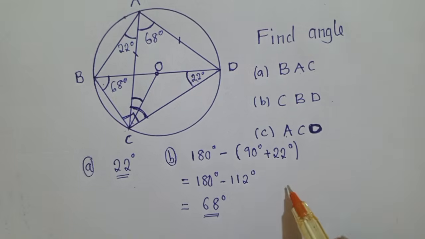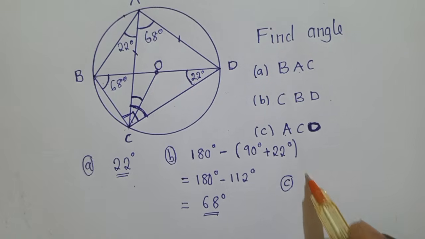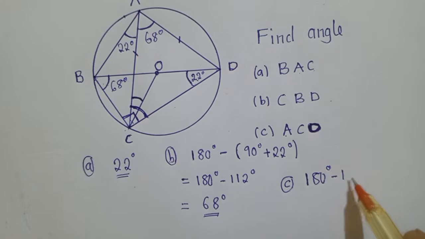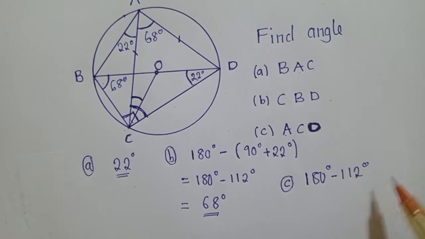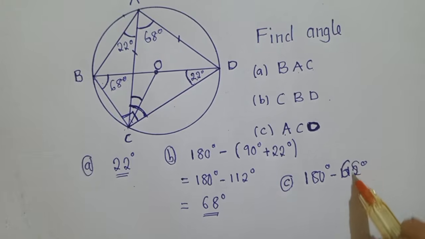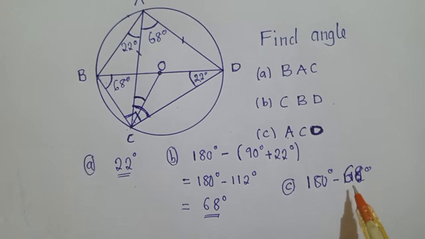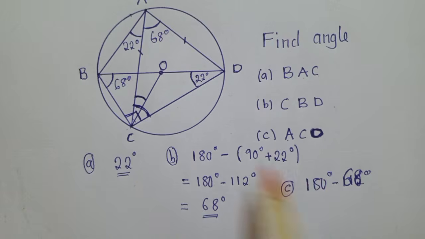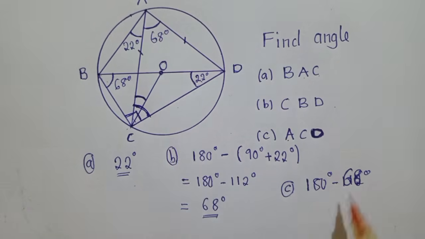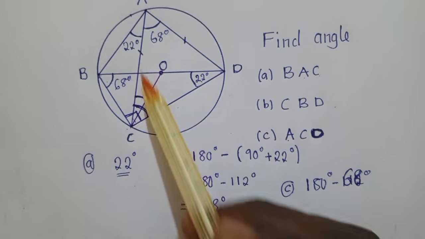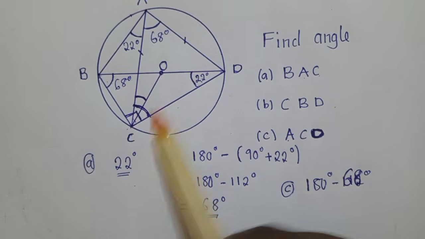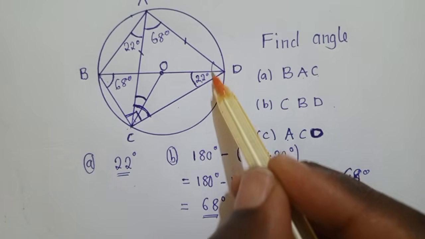We are going to say, this is question C, 180 degrees minus 68, sorry, 68. Now, why am I doing this? It's because I want to subtract this 68 degrees from 180 and find the sum of this angle plus this angle right here.